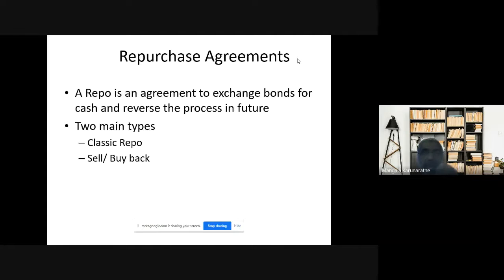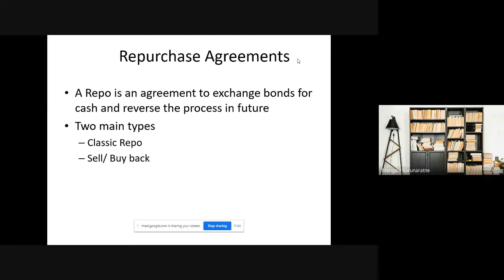Someone will give you bonds in return for cash, and in a future date that person will give you cash and get back his bonds, right? So repo is an agreement to exchange bonds for cash and reverse the process in future.